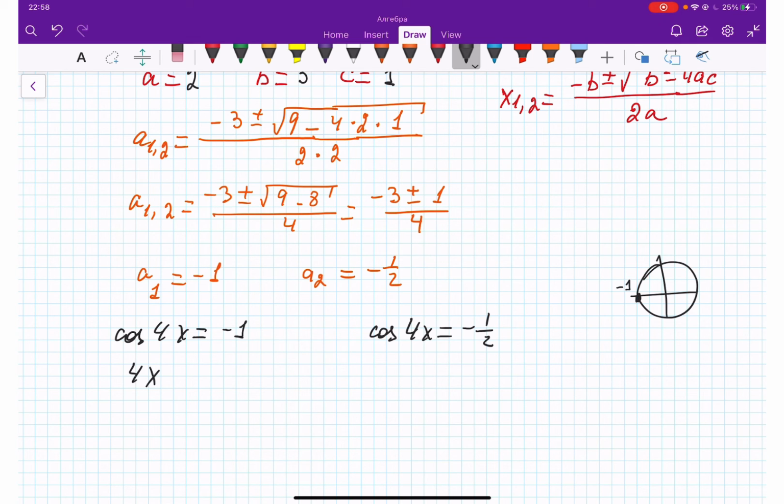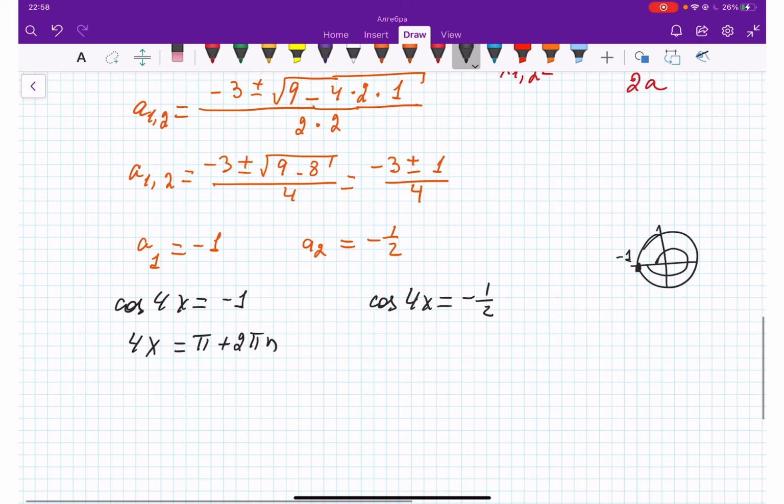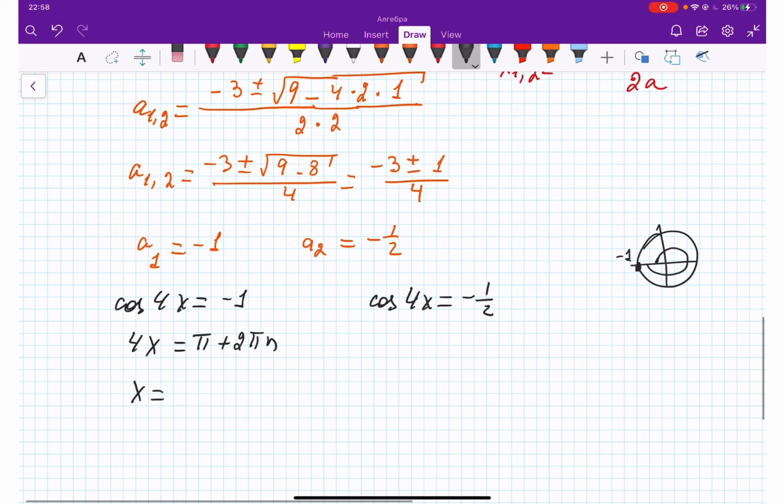Negative 1 cosine is going to be equal to pi, and plus 360 again, right? We're going to have the same value, plus 2 pi n. And from here, x is going to be equal to pi over 4 plus pi n over 2.